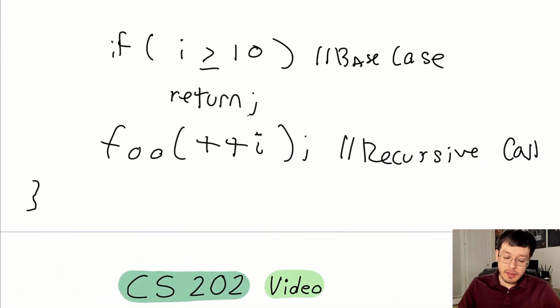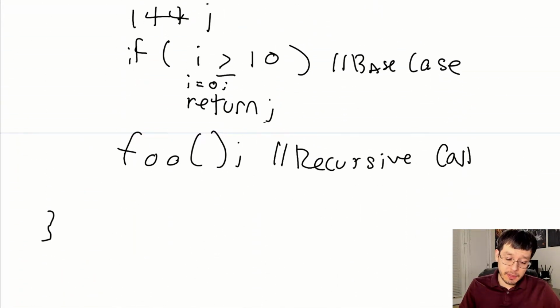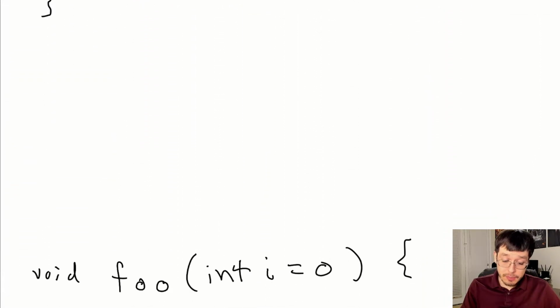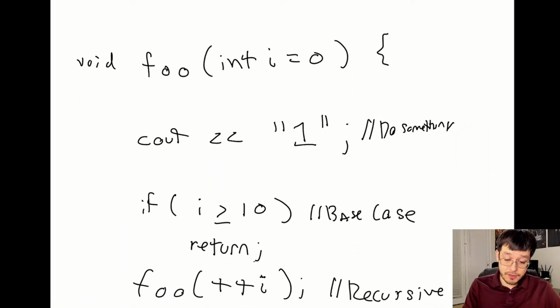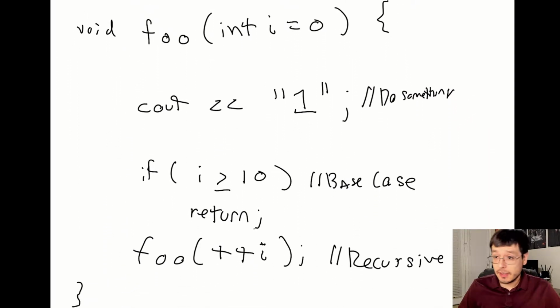So we ended the video talking about our first proper recursive function, which was this one. It doesn't do much, but it is recursive, and it's not infinite. It ends, right? To refresh your mind, we got our function called foo, and we want it to print the number 1 10 times.